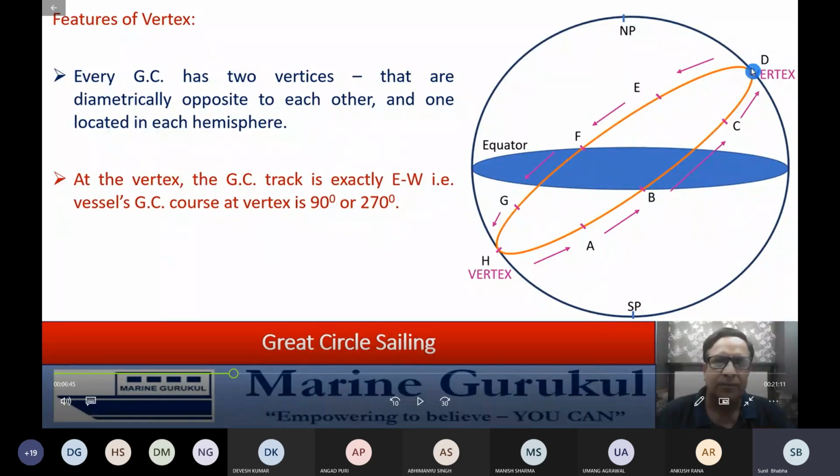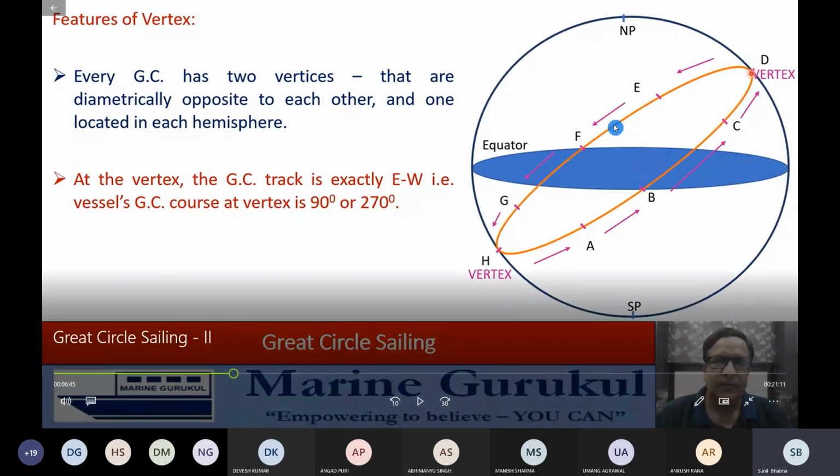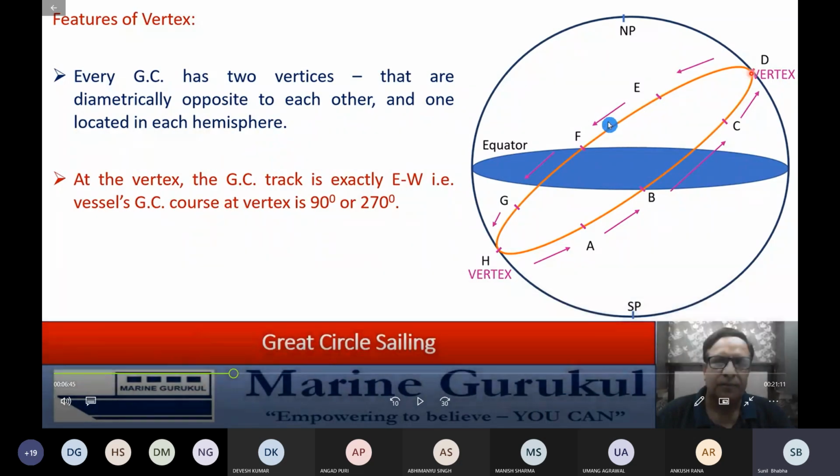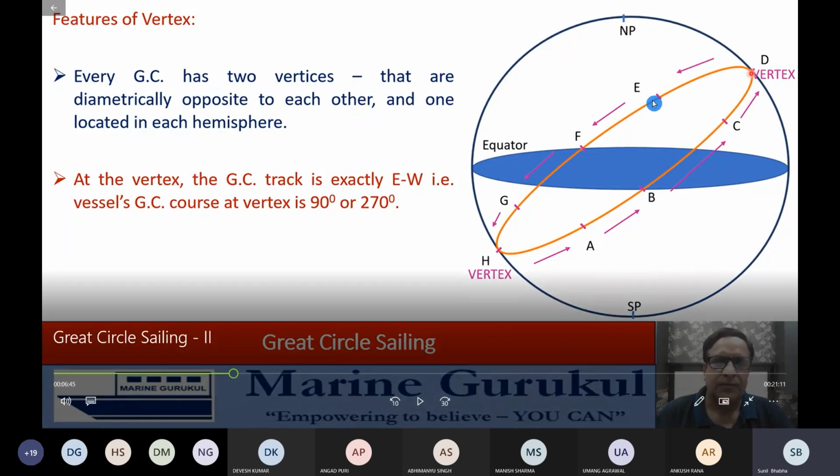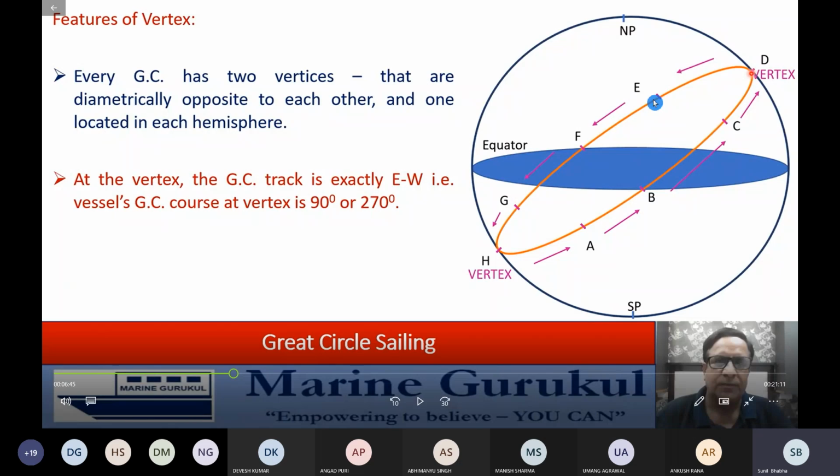As you proceed ahead, it will become 095, 100, 120, 130, 140, and so on. This is how the course of the ship keeps on changing when you are moving on the Great Circle track. So were you able to understand this, Beta? Yes, sir.